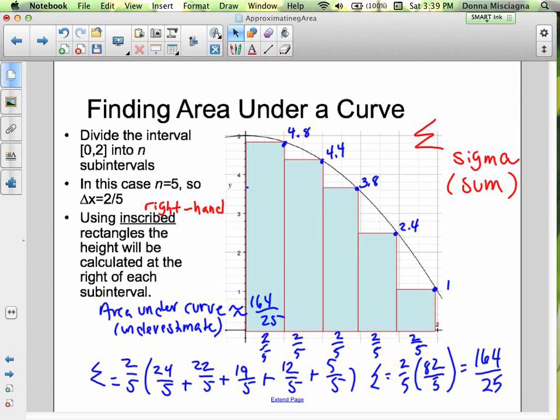All right, so the width is going to be 2 fifths. We're not going to multiply each and every one. Please do not distribute 2 fifths to each one. That is way more than you needed to do, and the hard way to do it. Instead, add up all the heights and multiply by 2 fifths one time, simplifying the parentheses.